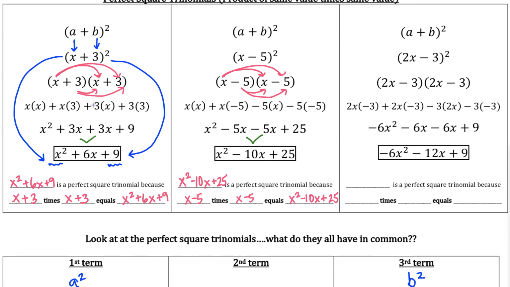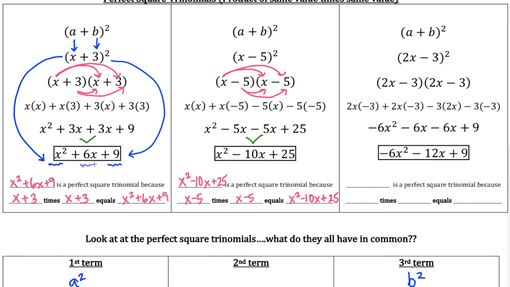And once again, in the middle, we're going to end up multiplying, we can see it here, x times 3 and 3 times x. We're going to get the same thing twice, right? Which you can summarize by saying x times 3 or 3 times x, right? We have 2 of them, so that's 2ab. Let's do that in purple.